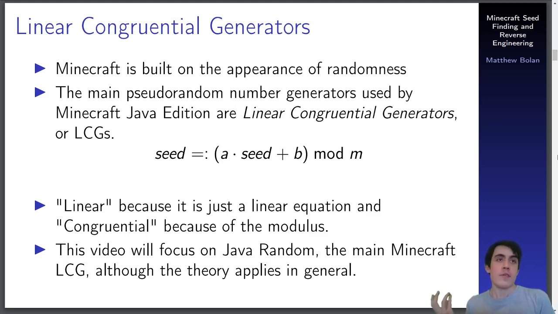But Minecraft doesn't use arbitrary a, b, m. Minecraft makes the same exact choice for a, b, and m basically everywhere in the code. There's two places where it uses a different a, b, and m. And that particular choice is because that's what the Java programming language does.